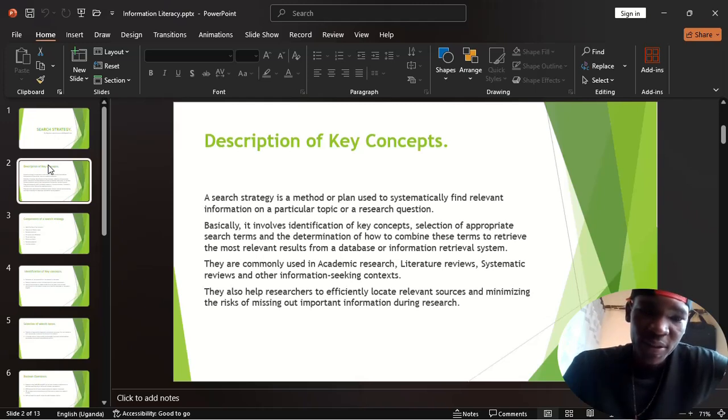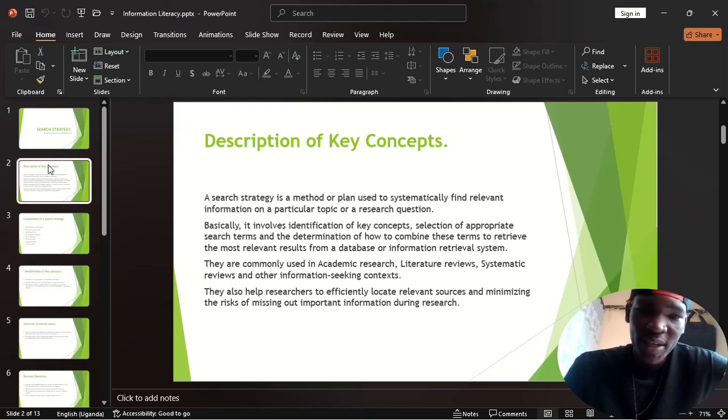And we went further to see that it involves the identification of key concepts, the selection of appropriate search terms, and the determination of how to combine these terms to retrieve the most relevant results from a database or information retrieval system.